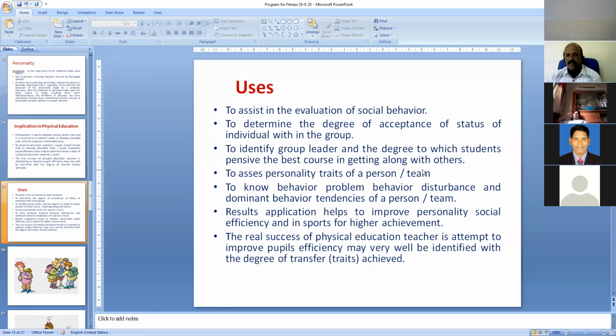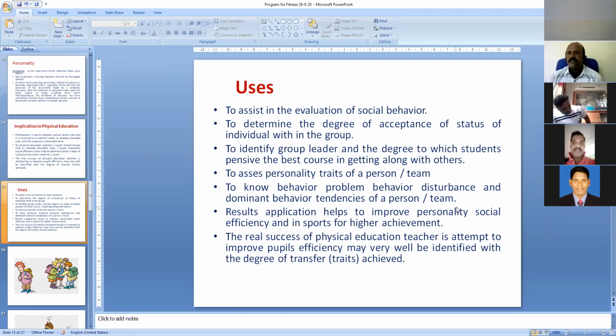To know behavior problems, behavior disturbance, and dominant behavior tendencies of a person. Here it helps you understand which quality or which aspect of the psychology is strong in a person or is dominating a person. That can be understood by studying these qualities.